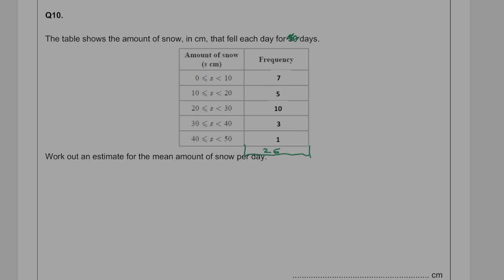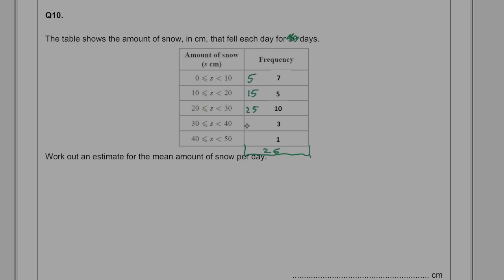Okay, so I want to take the midpoints here then and times them by the frequencies. So I'm going to say 5, 15, 25, 35, and 45.